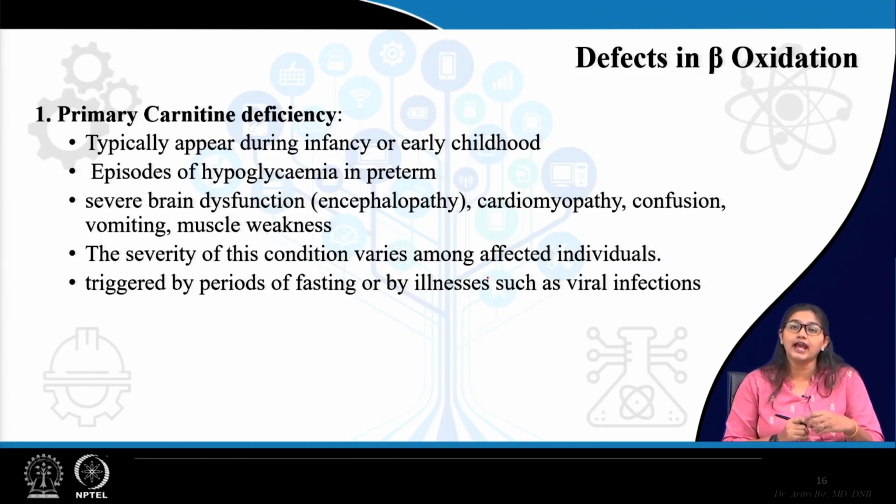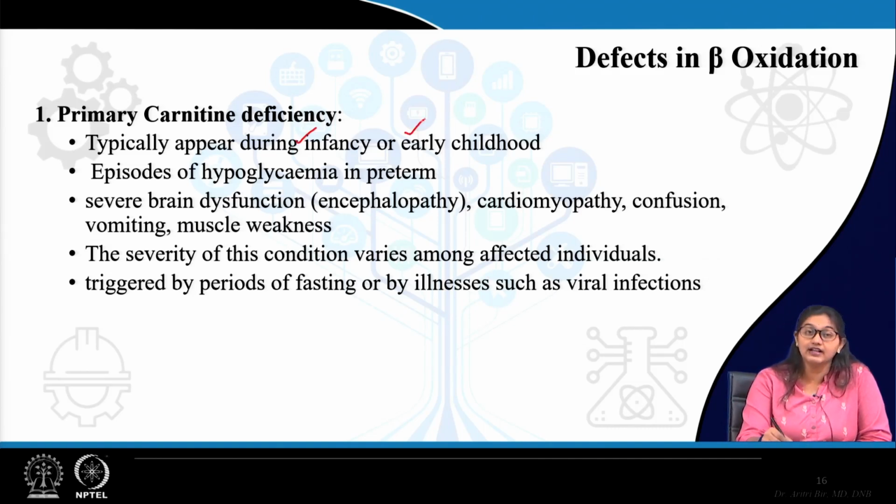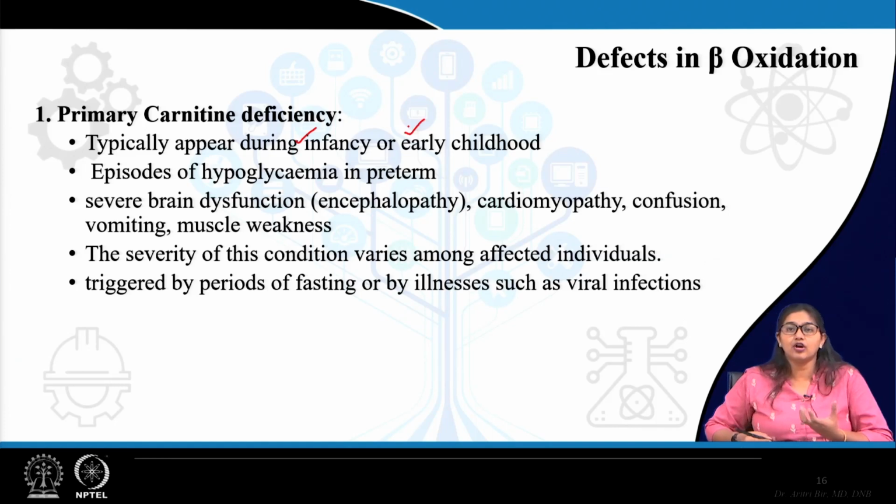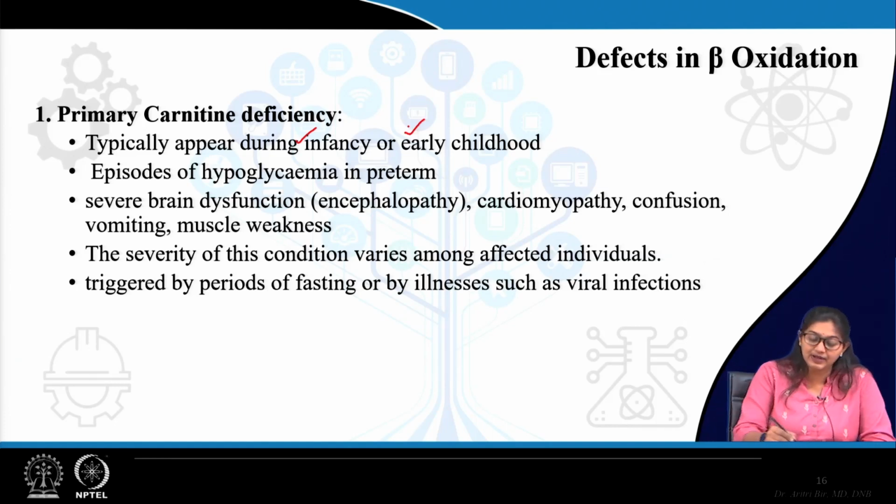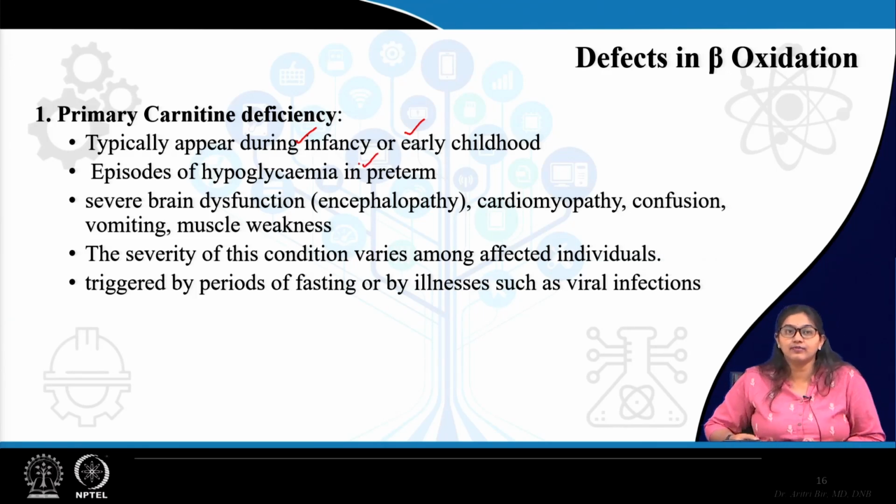So carnitine can be deficient primarily, meaning an inborn carnitine synthesis or supply defect, and those manifestations occur very early in life, like infancy and early childhood, most predominantly in preterm babies, where there is high energy requirement. So they suffer episodes of hypoglycemia.